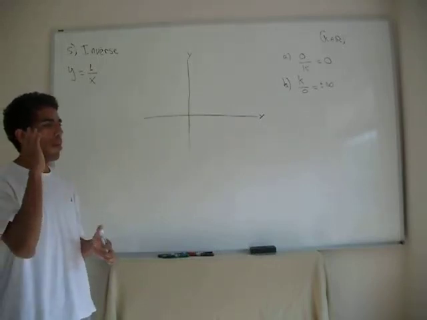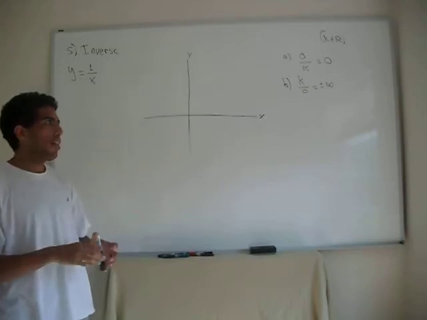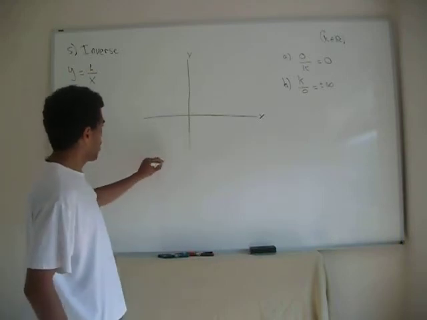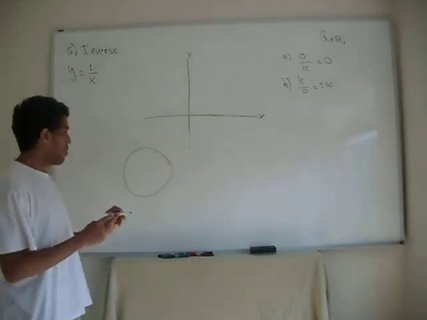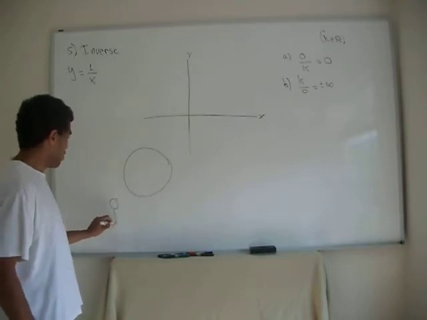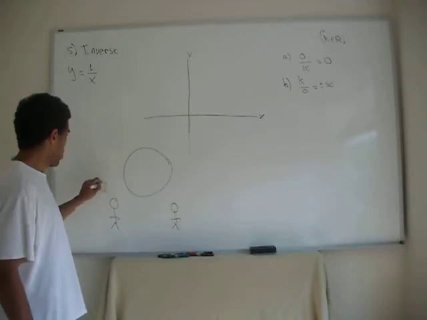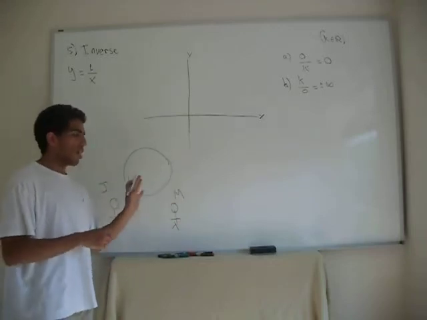Well, you have to think about math as in normal, regular life. Imagine if you had a pie, okay? It's a simple pie. Let's say we have 2 people, A and B. We have John and we have Mary. 1 pie for John and Mary.